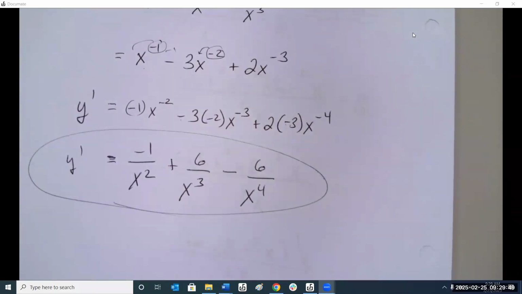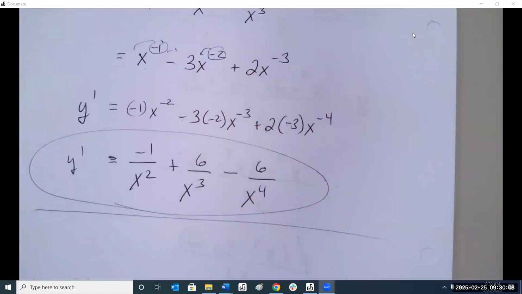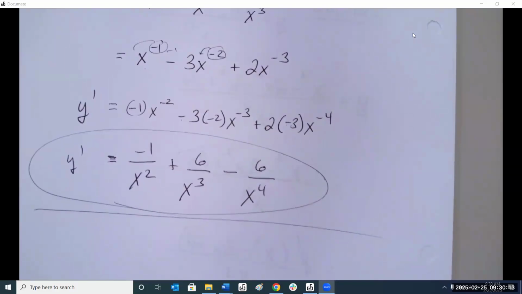There is no wrong way of doing this. You could have used the quotient rule and the product rule if you wanted to, or any combination thereof. They're interchangeable as long as you follow the rules. So far, we've only been taking the first derivatives.